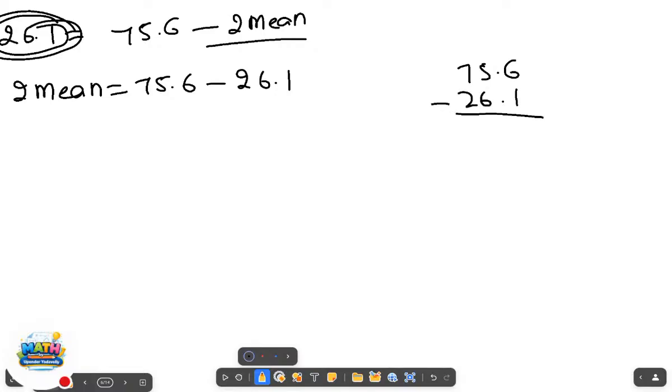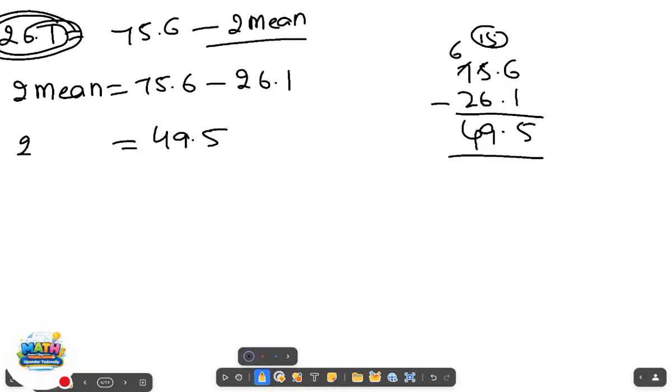Subtraction: 6 minus 1 is 5. Then 5 minus 6 is not possible, so take the borrow here, 15. 15 minus 6 is 9. Here we will have 6. 6 minus 2 is 4. So now the answer is 49.5. So 2 mean is equal to 49.5.